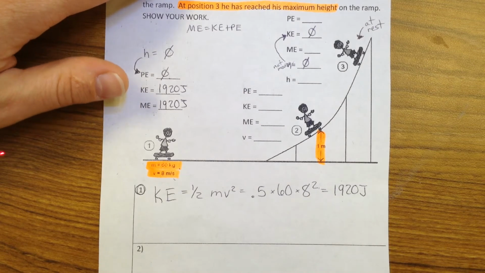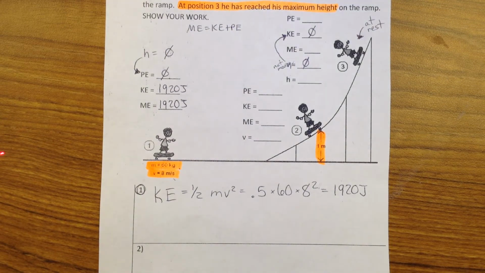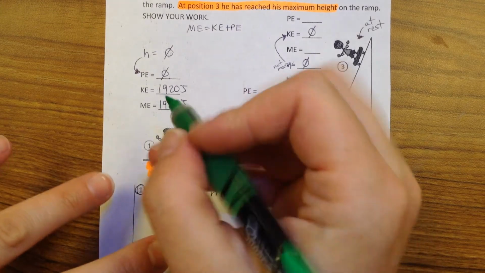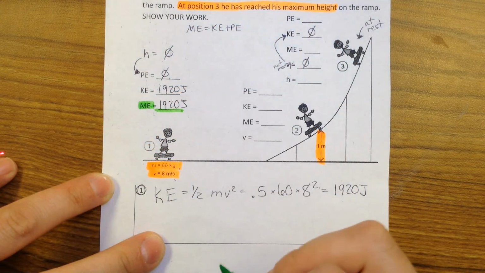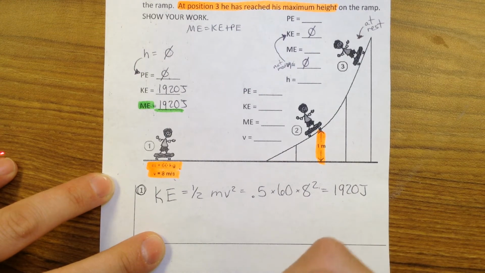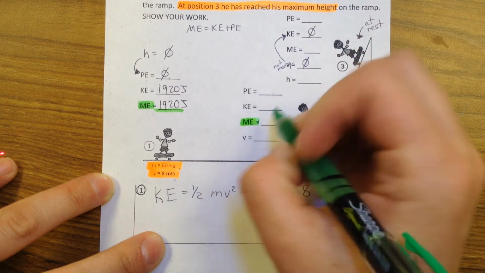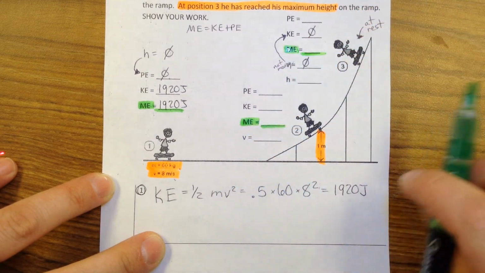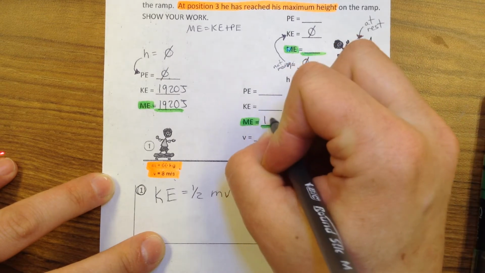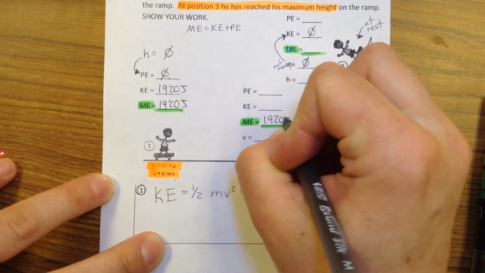Now, another vital, key, essential concept for you to absorb from the notes on mechanical energy. If the mechanical energy at position 1 is 1920, then my mechanical energy at positions 2 and 3 are all 1920 joules.